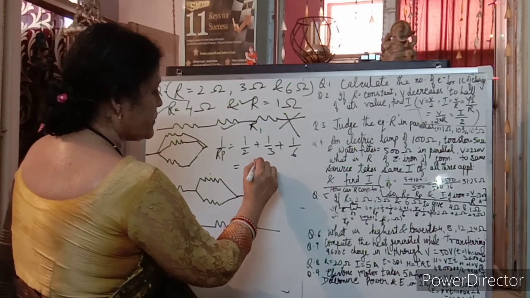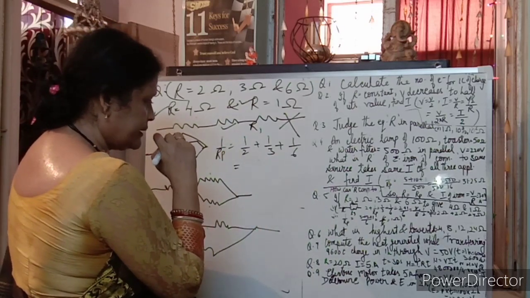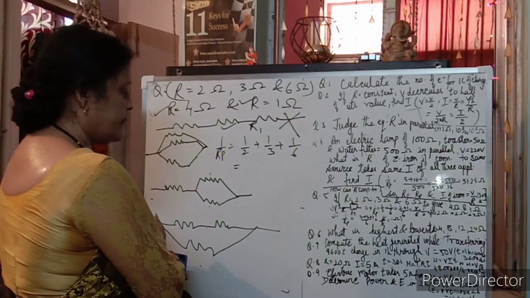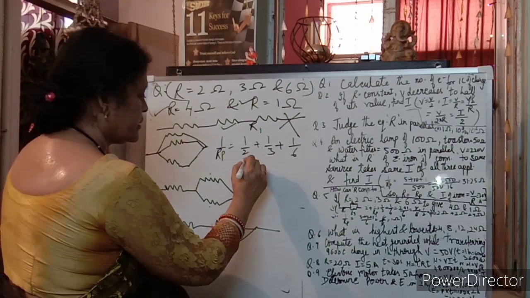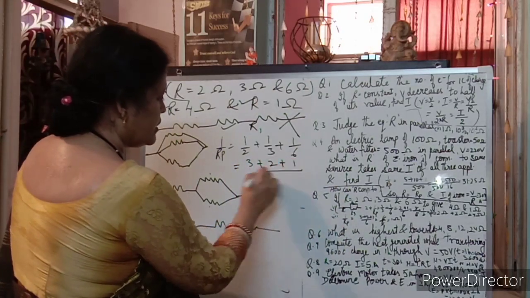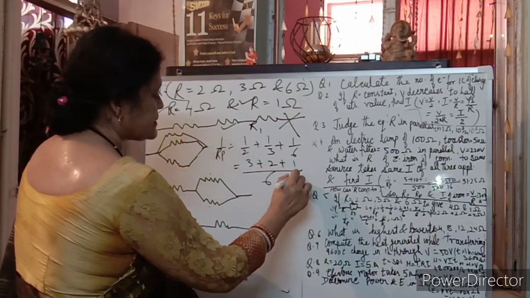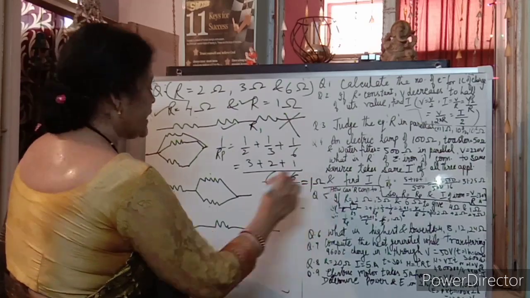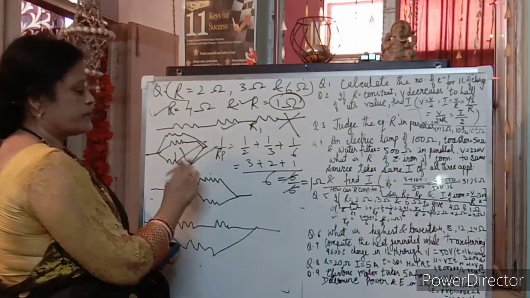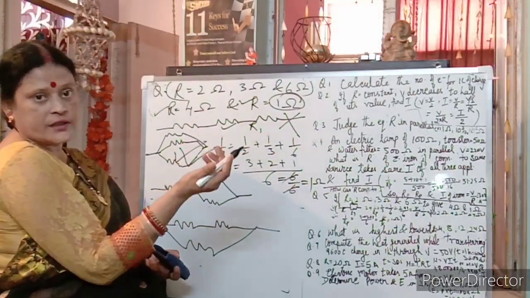So 1 by 3 plus 2 plus 1 upon 6, so 3, 4, 5, 6 upon 6. Yes, it is 1 ohm. That means in parallel the 1 ohm answer is possible. So one answer we got.